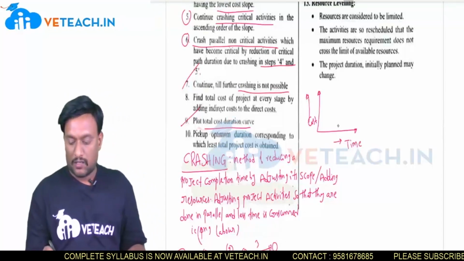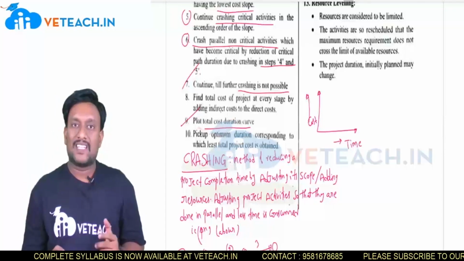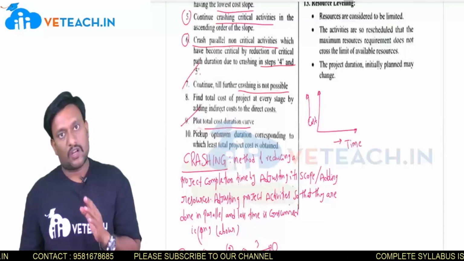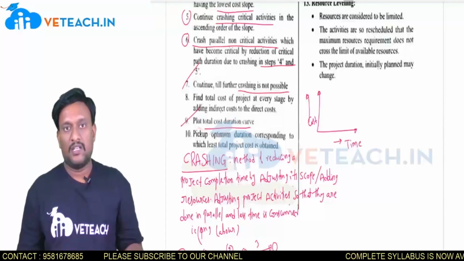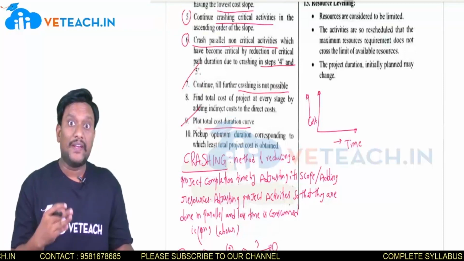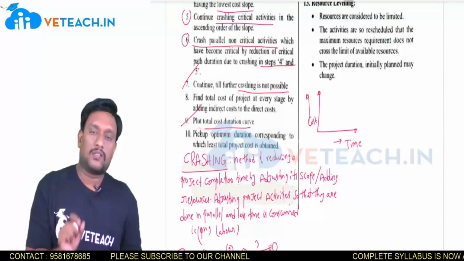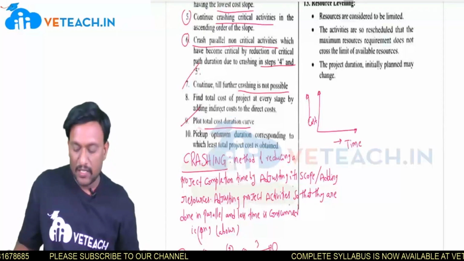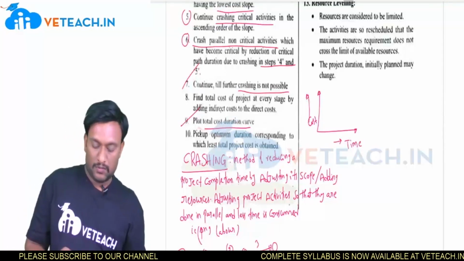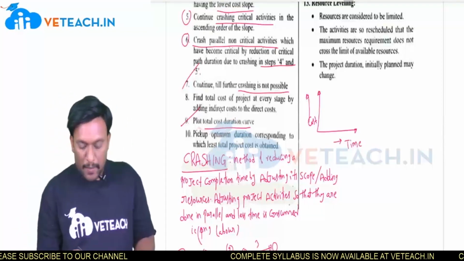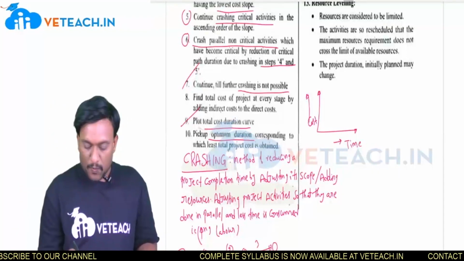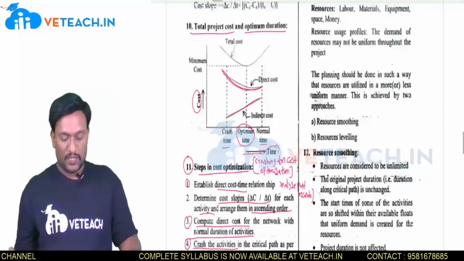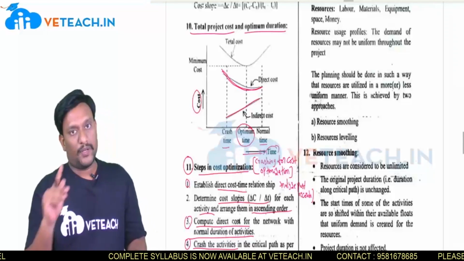With that, you will get the normal time, crash time, normal cost, and crash cost on the x-axis and y-axis. With that, you can get our required optimum cost. Here our task is calculation of optimum cost that comes from the graph plot. Okay. Now pick up the optimum duration corresponding to least project cost. That is our task. So, crashing for cost optimization.